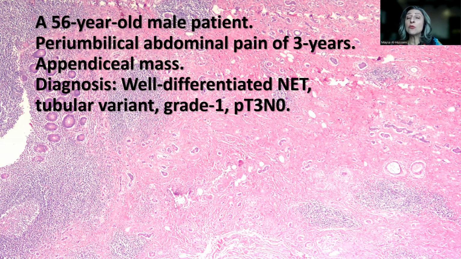Remember that the grading depends on the mitosis and the Ki-67. Ki-67 is very helpful, at least to determine the hot spots on which you would go and look for the mitosis. And remember that neuroendocrine tumors have a special staging system similar to, but with some differences from, the staging system of the adenocarcinoma of the appendix or of the GI in general.